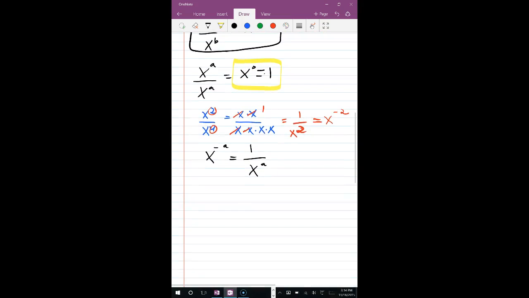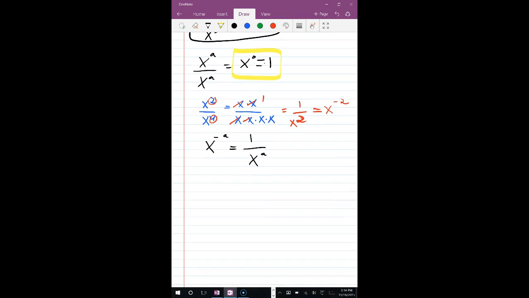Last thing I want to mention is that if you were, say, to have x over y cubed, we can think of this as x over y times x over y times x over y, which is the same as x cubed over y cubed.